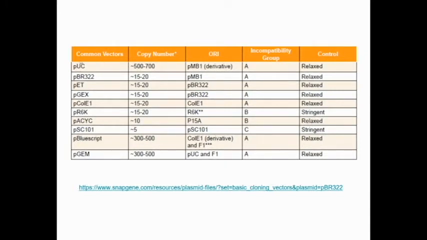So for example, for the pUC vector, the cell can have around 500 copies in one cell. For pBR322, it is around 20 copies in the cell. The pET and pGEN, these are all commonly used vectors. Okay, and let's just tell you how many copies they can have in the cell.